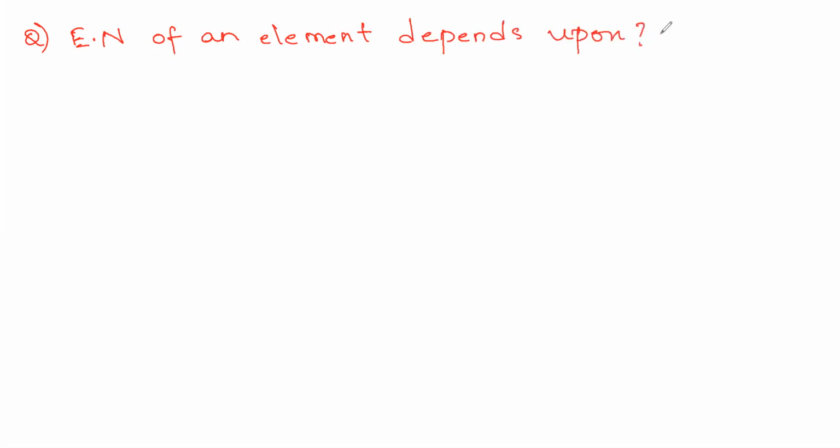Electronegativity of an element depends upon. There is nothing but factors affecting electronegativity. First option, oxidation state of the atom.